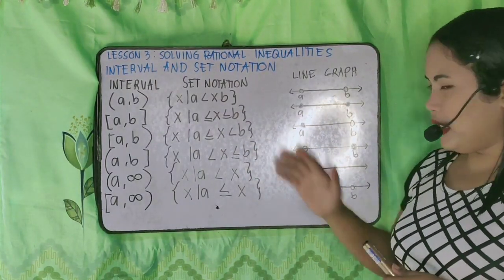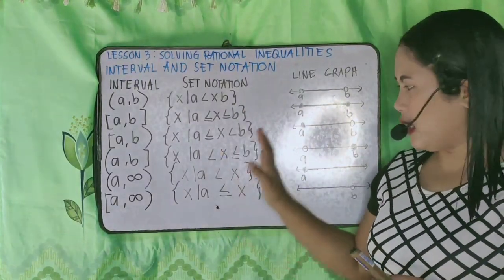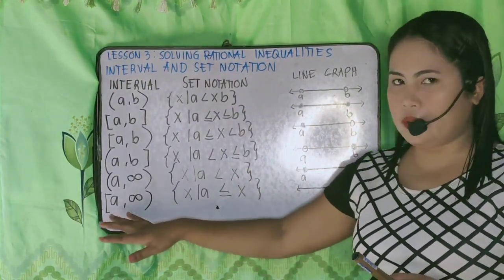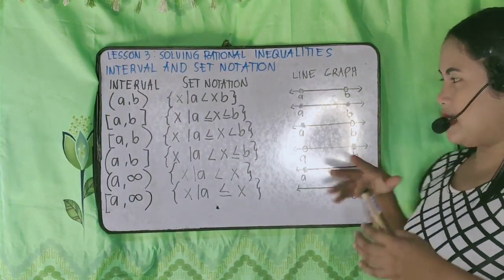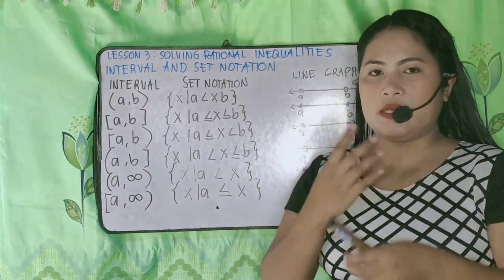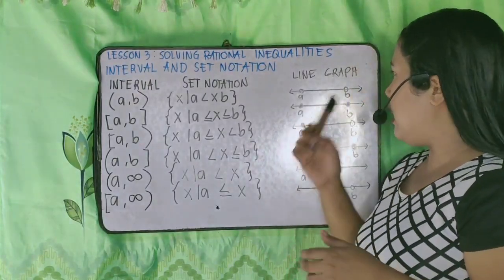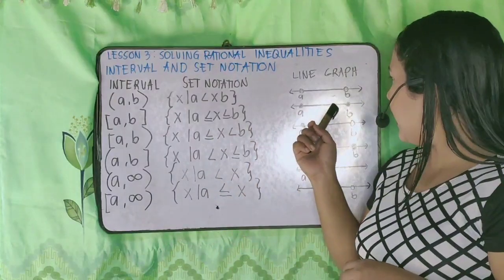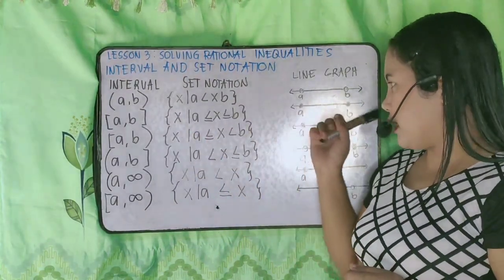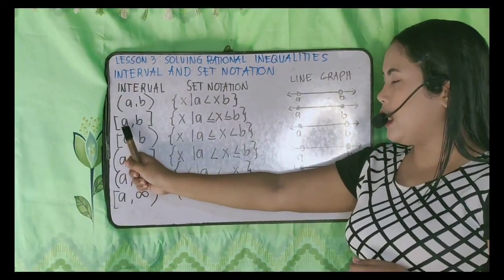Okay? Hindi ko na dito inubos, meron naman kayong copy sa module, so yung iba doon, sundan nyo na lang. Basta tatandaan nyo lang, if kasama sa solution, ang gagamitin natin is hollow circle and open and close parentheses. Pag shaded circle naman, gagamitin natin is yung bracket.